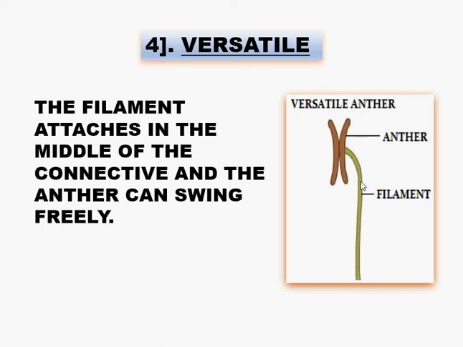Whereas in this versatile, the filament connects with the connective and the remaining portion of the anther is free and it swings freely, floating freely on the tip of the filament. Such type of fixation is called versatile and such anthers are called versatile anthers. Example, grasses.